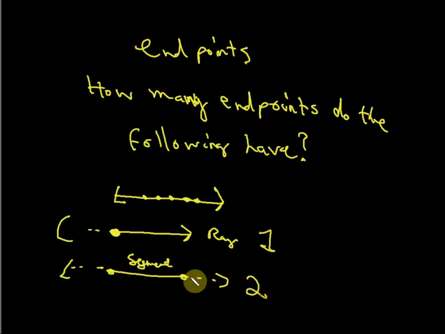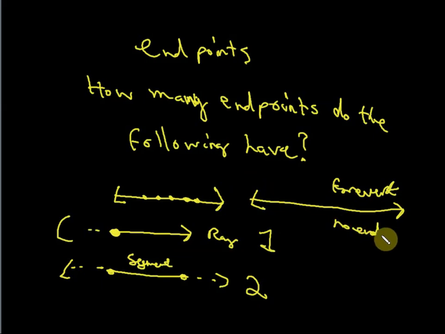This has two endpoints, which means, how many endpoints does a line have? So a line goes on forever. So if it goes on forever, that means there's no end to it, right? Something that goes on forever never ends. So it's zero endpoints. That might have been a little tricky for you.